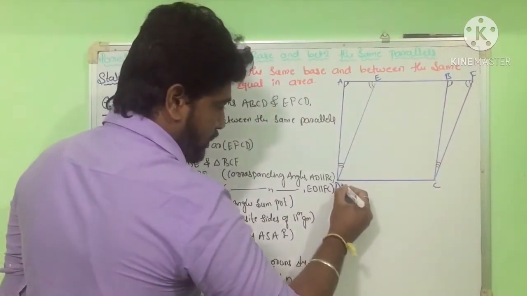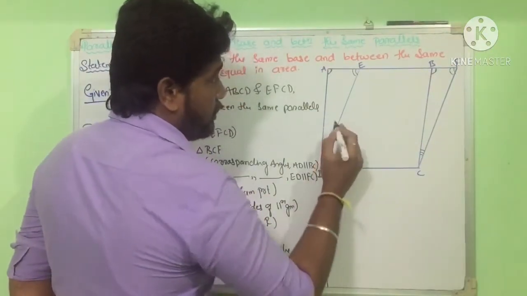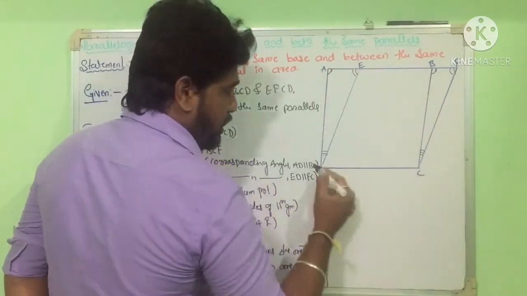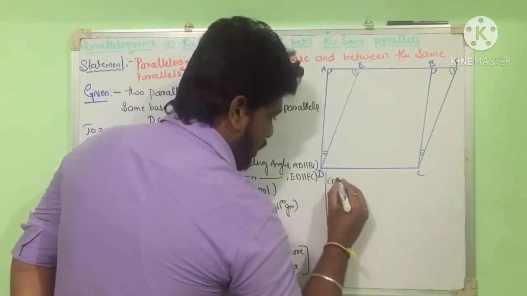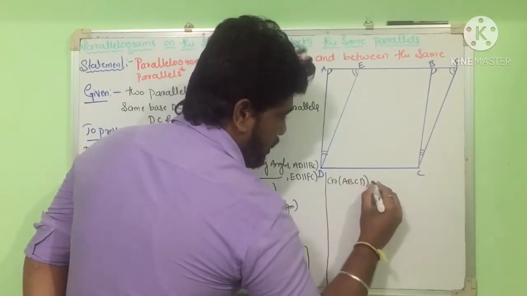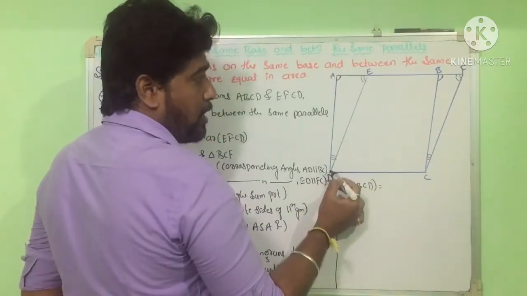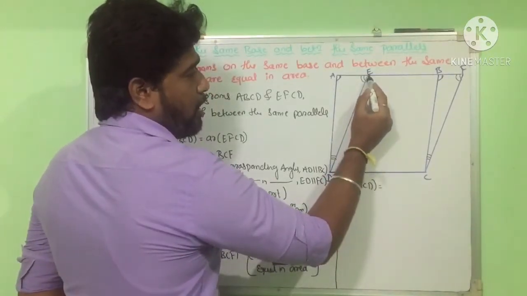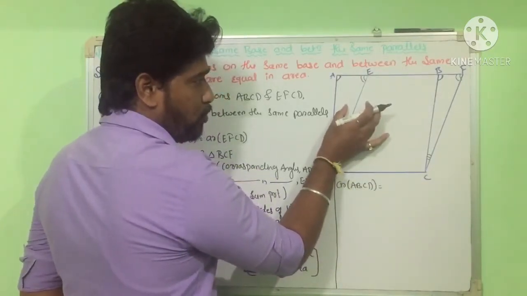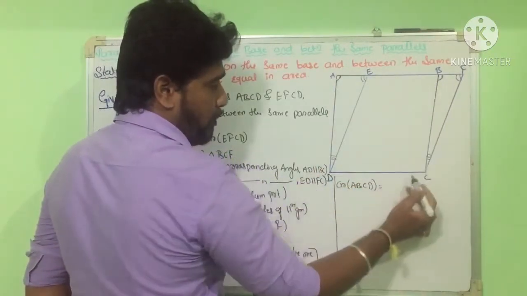So now area of parallelogram ABCD is equal to area of triangle AED plus area of quadrilateral EBCD. The sum of these two figures is the area of parallelogram ABCD.